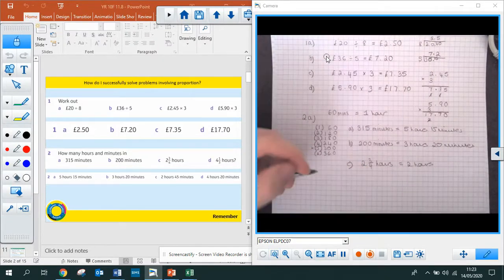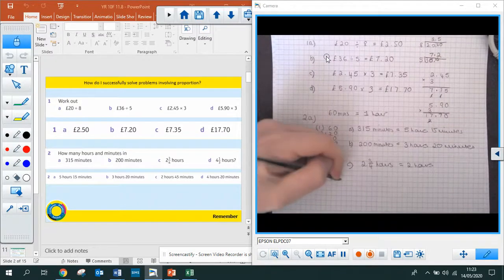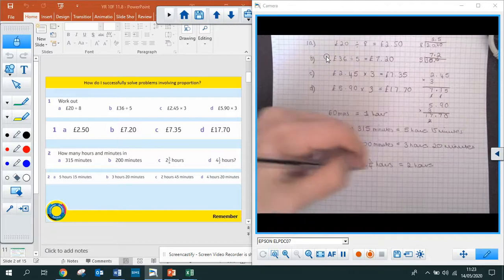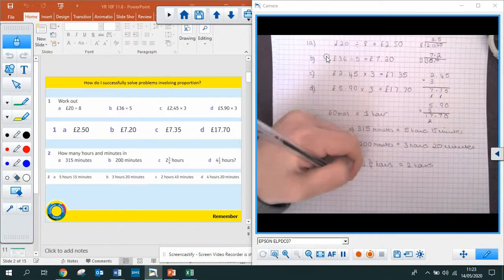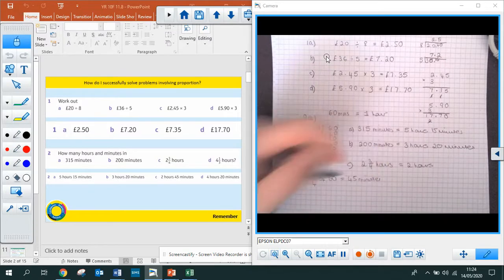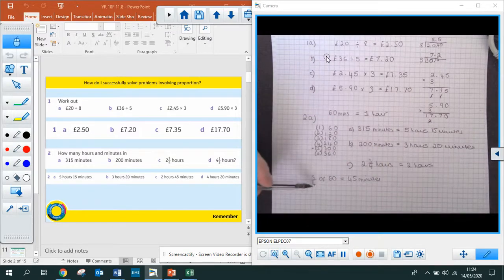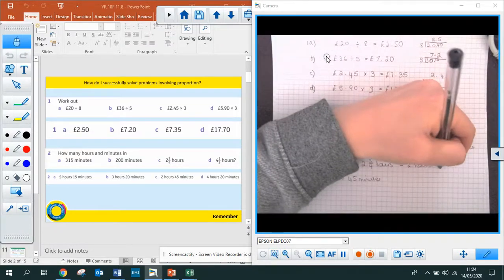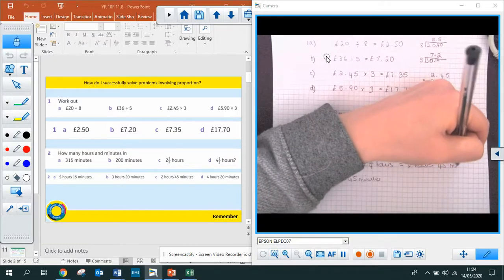But if not, you would have to find 3/4 of 60 minutes. And that would get you to your 45 minutes. If you weren't sure how I did that, 60 divided by 4 gets you 15, times by 3 gets you to 45. So it's 2 hours and 45 minutes.